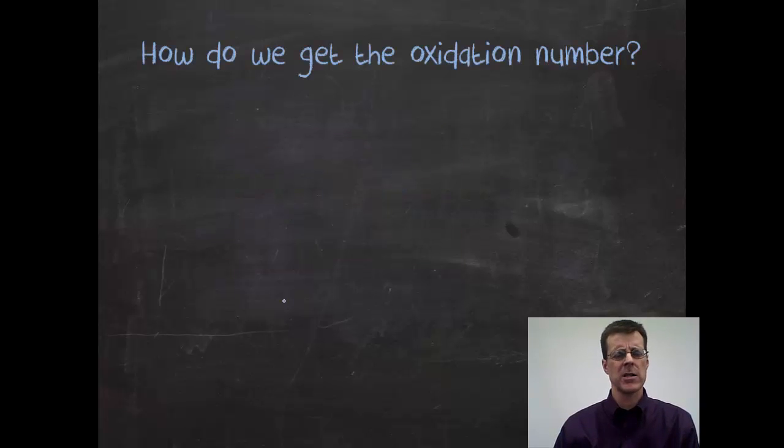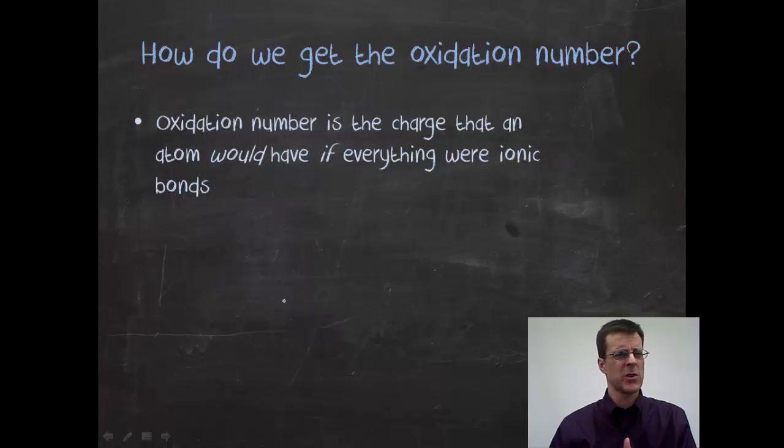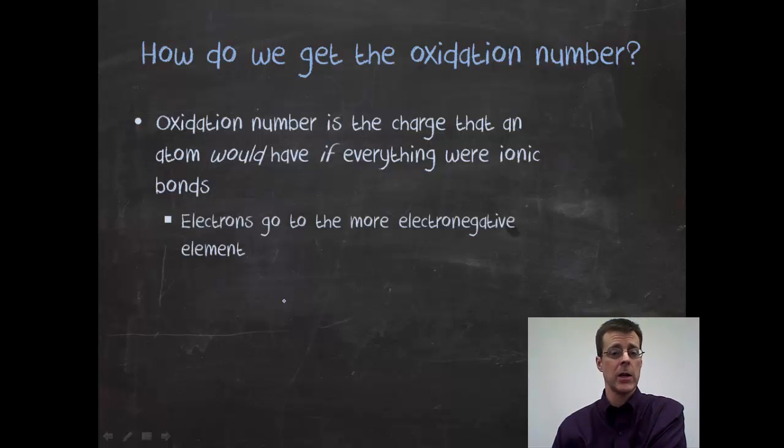Well, how do we get the oxidation numbers? We said it's similar to the ionic charge, but it's not always going to be ionic charge. But if we took any compound and treated it, we're not changing our understanding of ionic bonds or covalent bonds. We're not going to say everything is ionic, but if it were, and the electrons were going to go to the more electronegative element as they do in an ionic bond, what would the charge be?